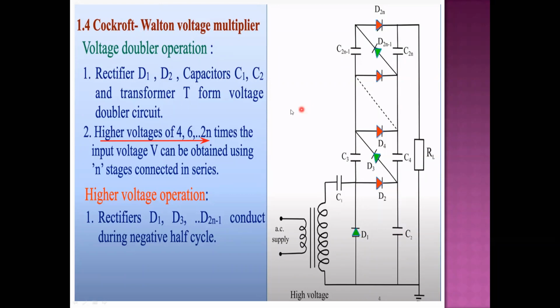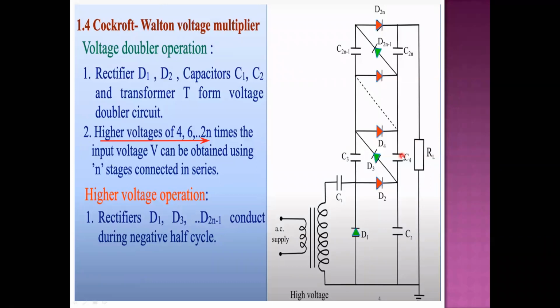If you are connecting more stages, we get 2N times the voltage. If the number of stages is 2, we get 4 times the voltage across the load. If the supply voltage is V, the voltage across the load is 4V.